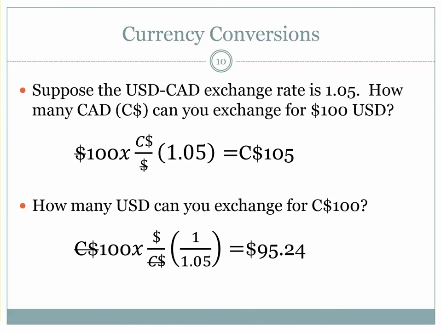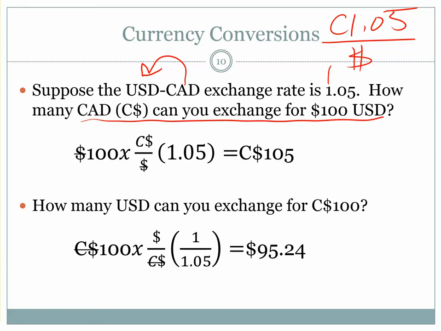So let's talk about conversions. Say that the USD CAD exchange rate is 105. Now you know that this is the Canadian dollar price of 1 US dollar. So that price is 105 Canadian per 1 US dollar. So how many CAD can you exchange for 100 US dollars? Well, let's write down $100, and what we want to convert it to is Canadian.